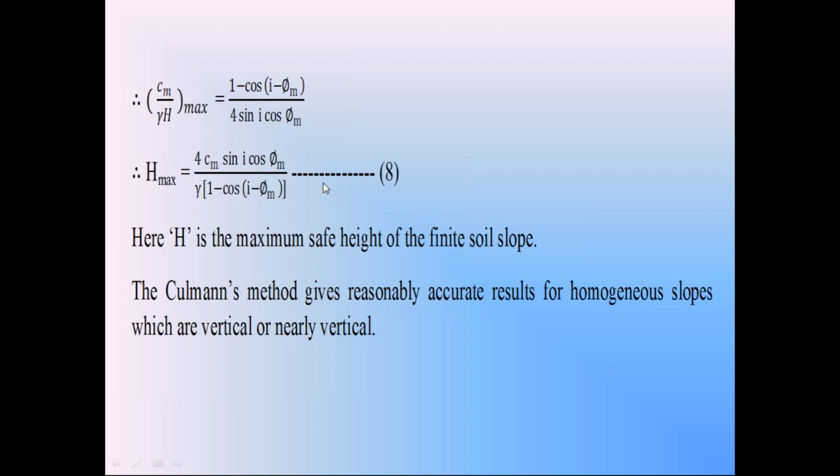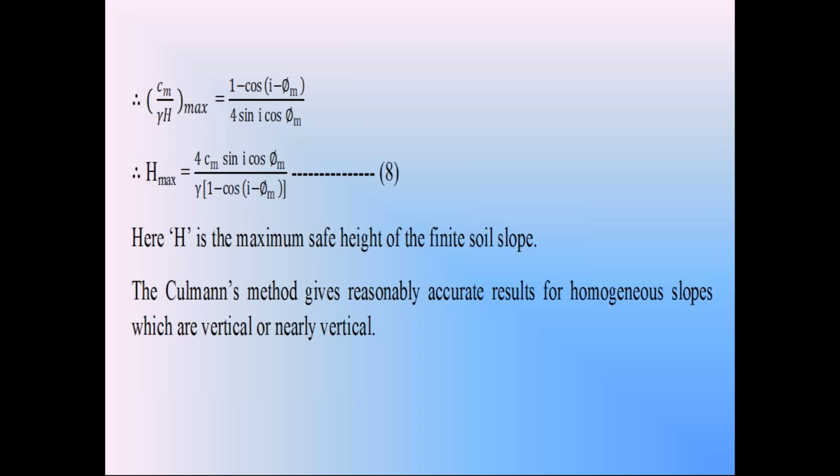So in Culmann's method, first we prepare the force triangle with three forces W, Cm and R. In that force triangle, we apply the sine rule, and from that sine rule we got the stability number, small cm by gamma h.